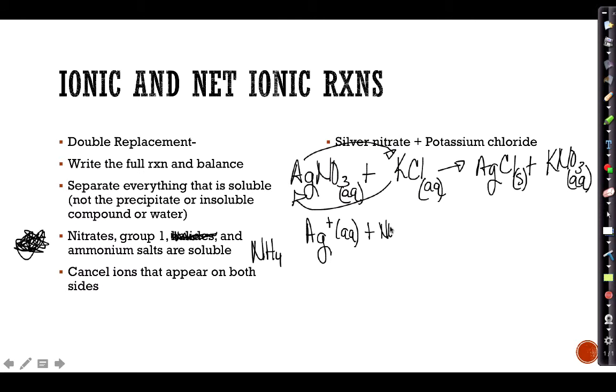Nitrate is a -1, and there's only one of those. All right, potassium, there's only one of those, and it has a charge, so make sure you're including the charges with this. Chloride is -1, and there's also one of it. All right, so now let's go to my product side.